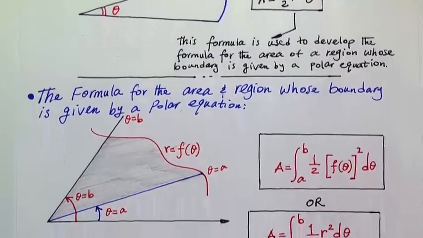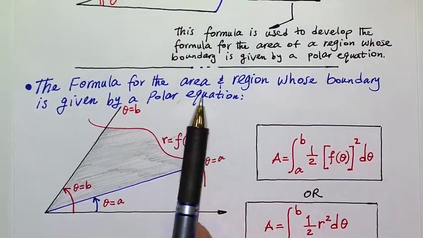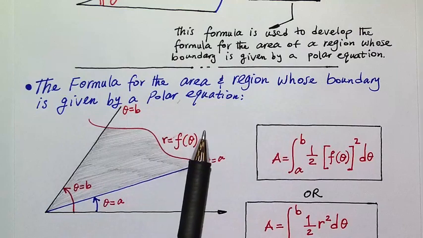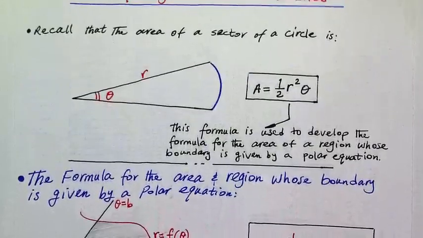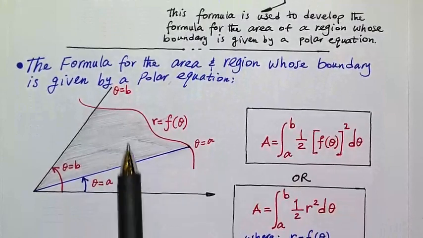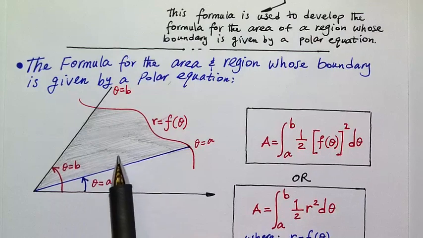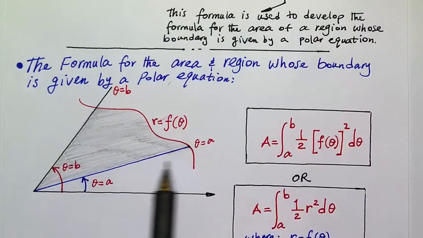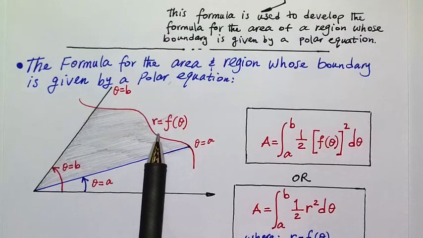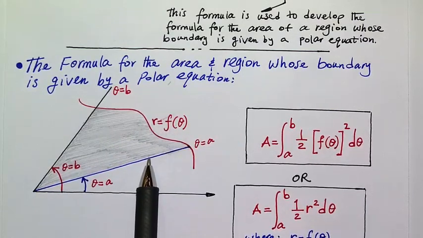Now, the formula for the area of a region whose boundary is given by a polar equation is based on that. Suppose we are calculating the area of this region, which is bounded on this side by some equation given to us using polar coordinates.